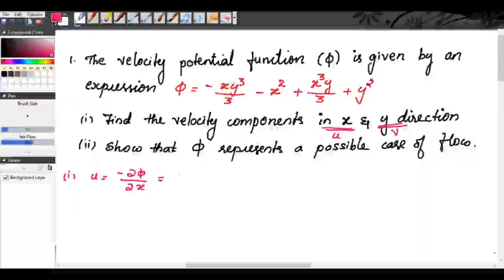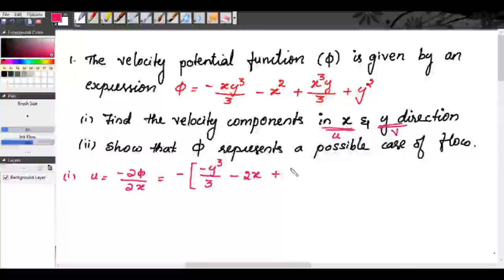So differentiating this with respect to x, we get minus of minus y cube by 3 minus 2x plus 3x square y by 3.